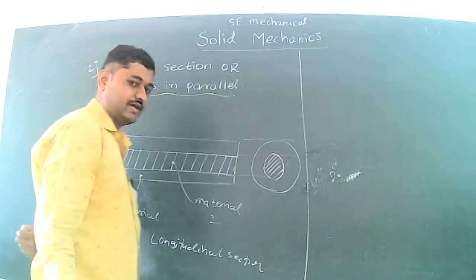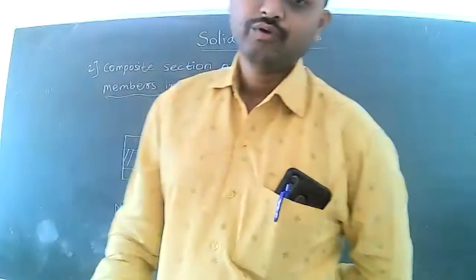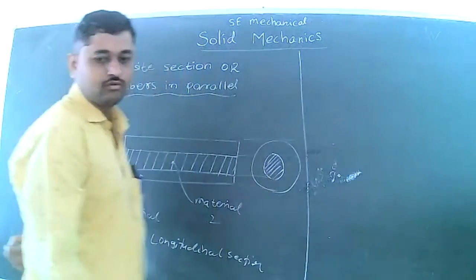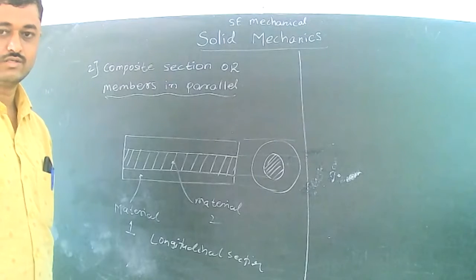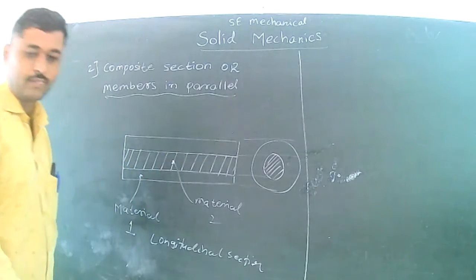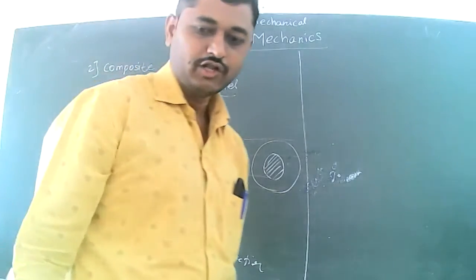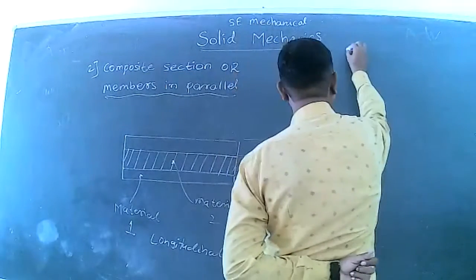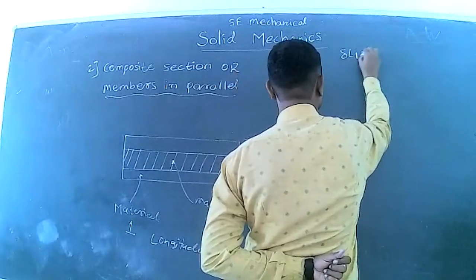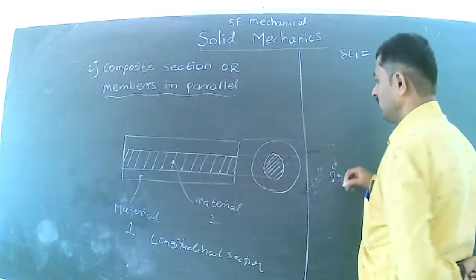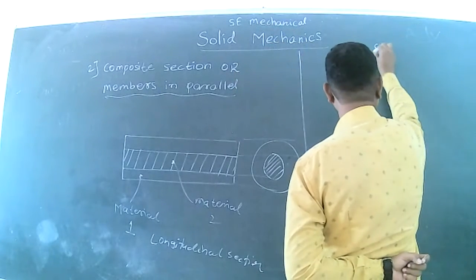So when a member is made of two or more different materials with different cross sections, the deformation in both the members is the same. Consider two members, 1 and 2.